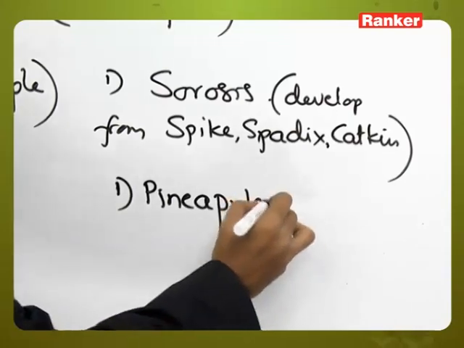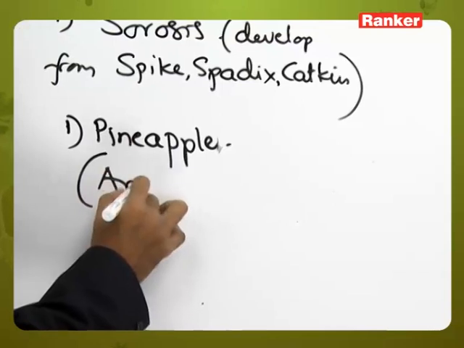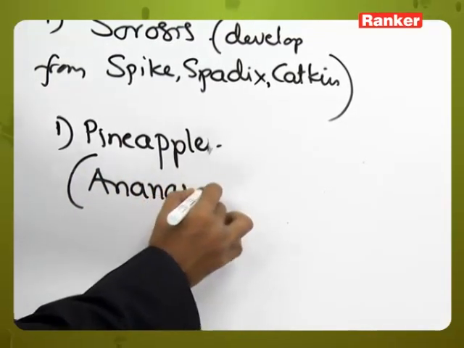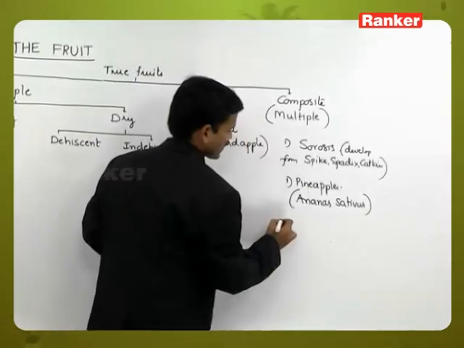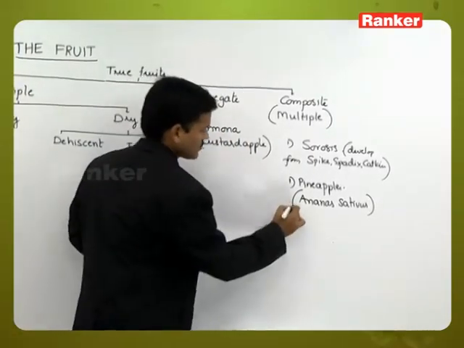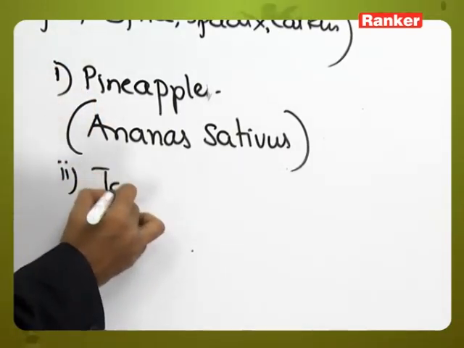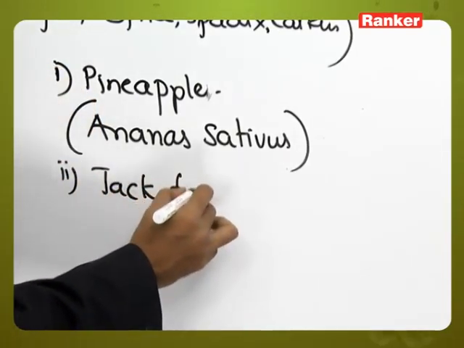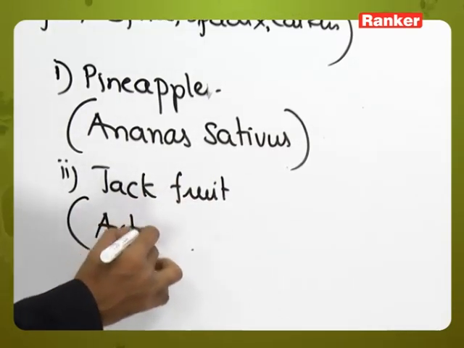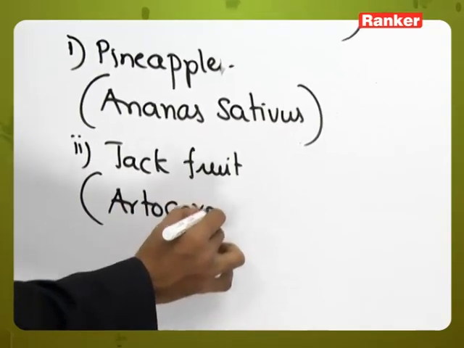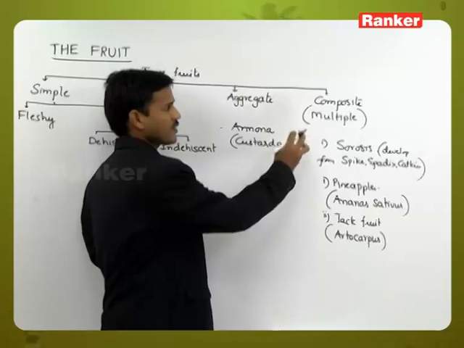Pineapple scientific name is Ananas sativus. And the second example is jackfruit, scientific name Artocarpus. So that is the first type of composite fruit.